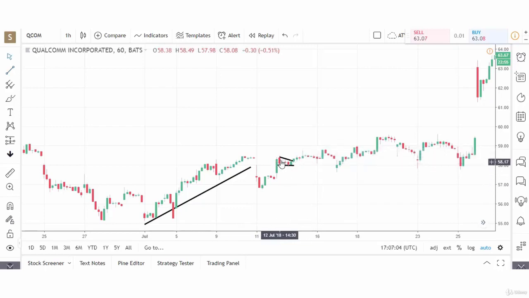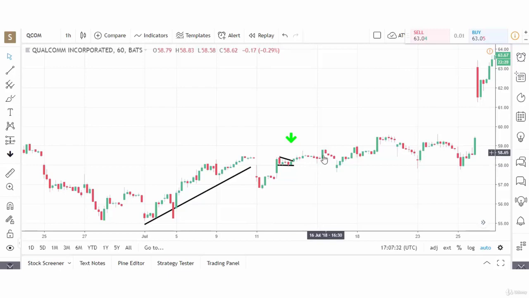So when the stock breaks out at the end of the pennant pattern, it moves up, comes back and holds the support level, and then moves up a little more.